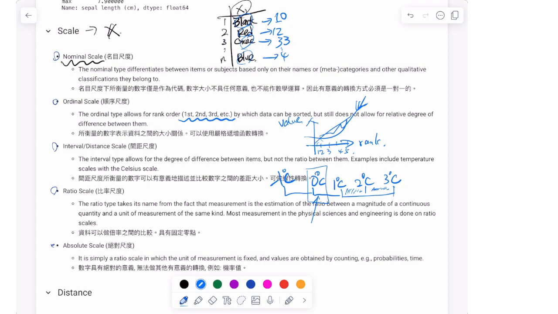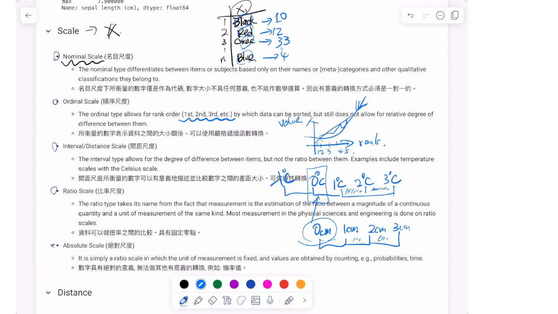Okay, so next one is ratio scale. Ratio scale means centimeters, because the difference between 0 centimeters and 1, and the distance between 1 and 2 and 2 and 3 is still the same, right? But 0 centimeters means no height, no height or width, right?